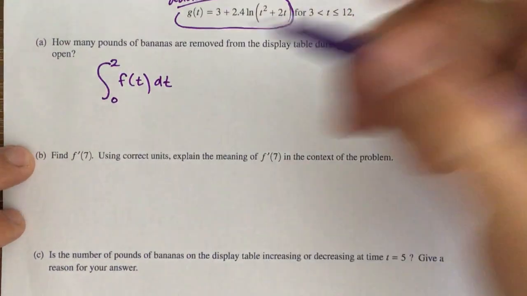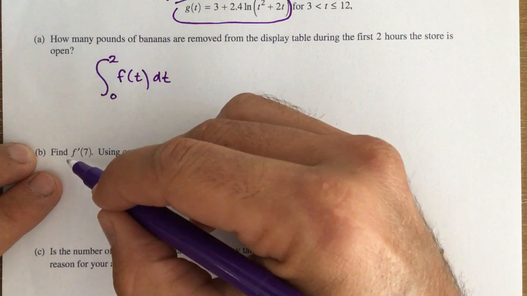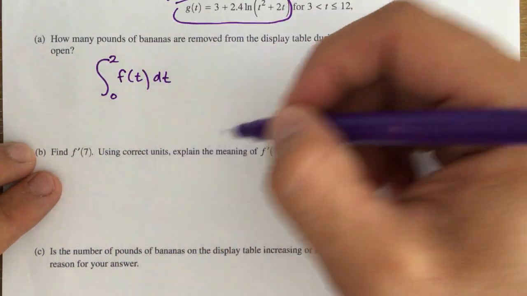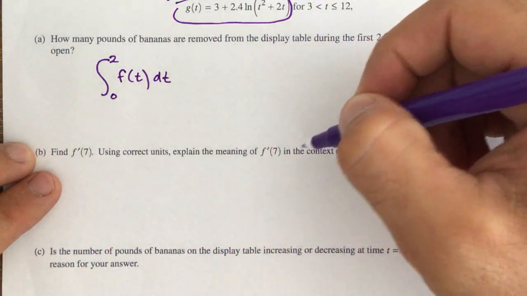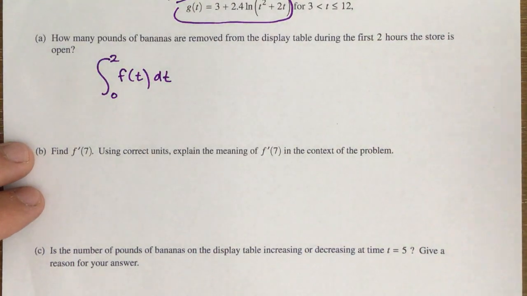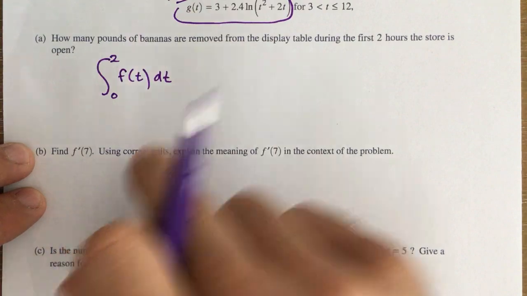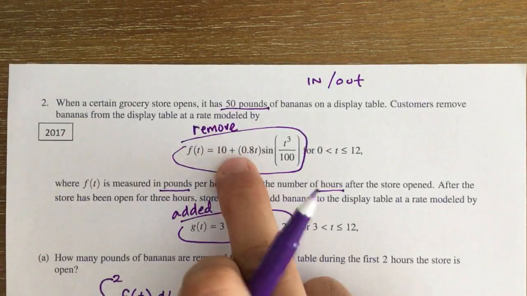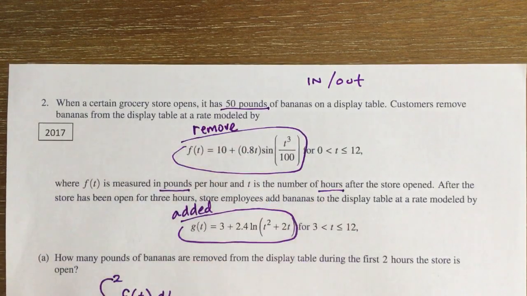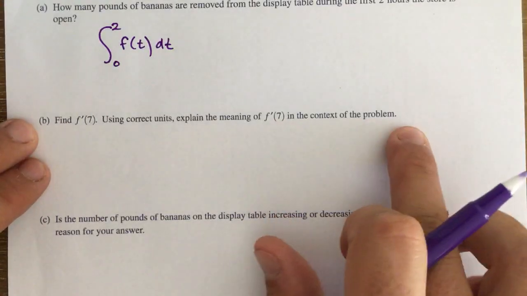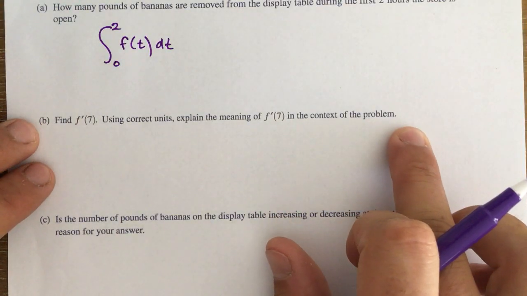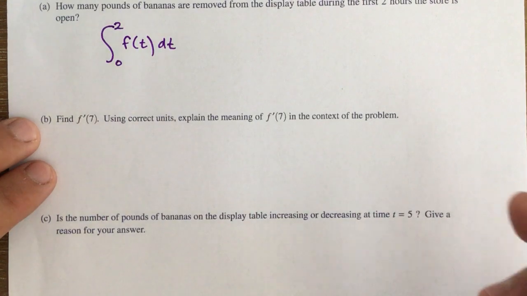Next part, find f prime of 7. Using correct units, explain the meaning of f prime of 7 in the context of the problem. If you have a TI-84, you're using second calc, this guy right here. So we're still talking about removing, and that's what you're going to have to include in your context of the problem. It's going to be the rate of the rate.